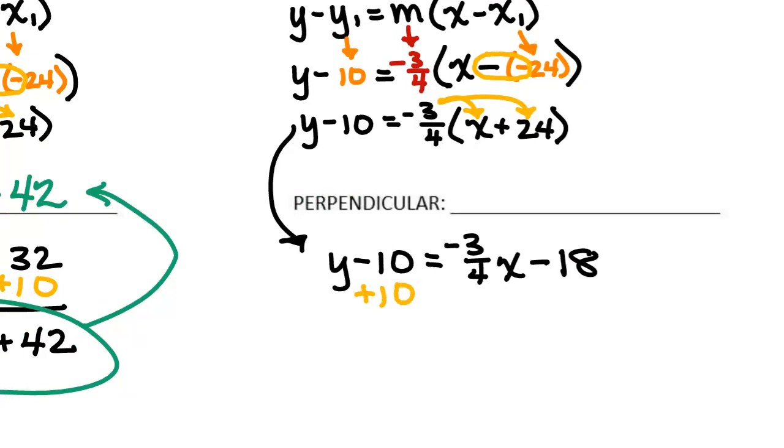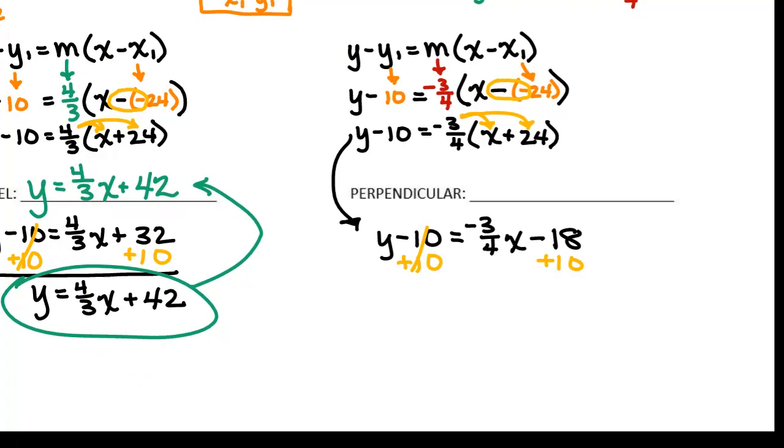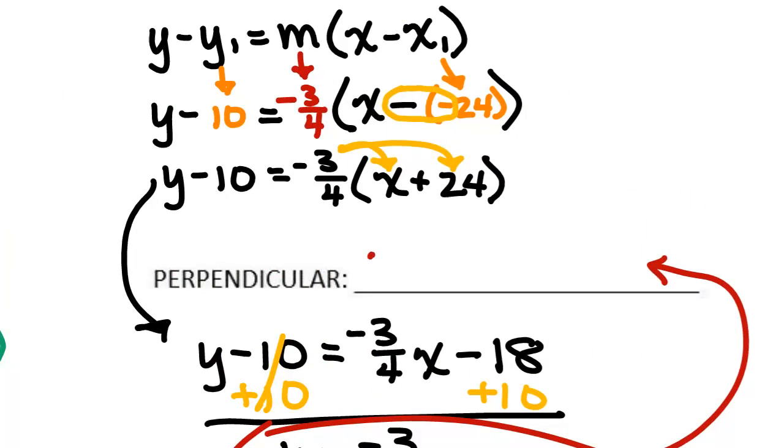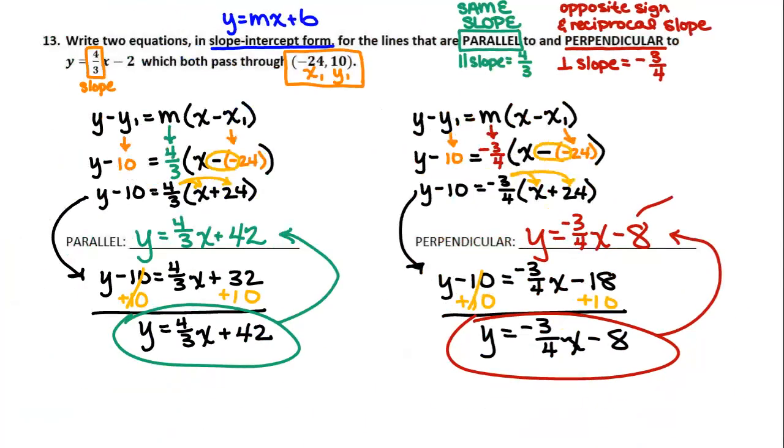Then we add 10 to both sides, and I get y equals negative 3/4 x minus 8. That is the equation for my perpendicular line. Y equals negative 3/4 x minus 8.